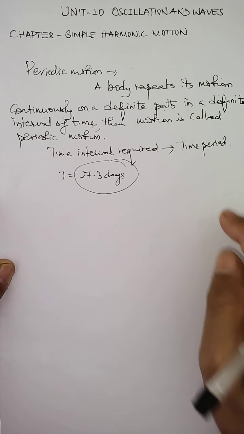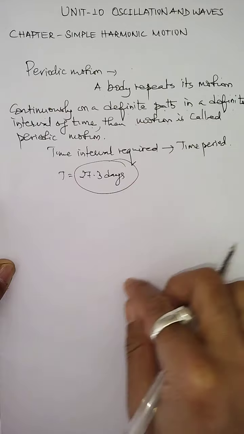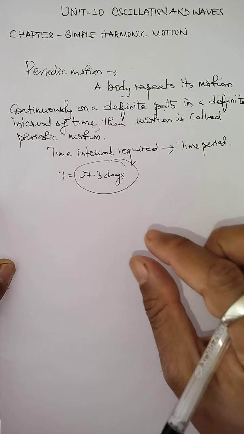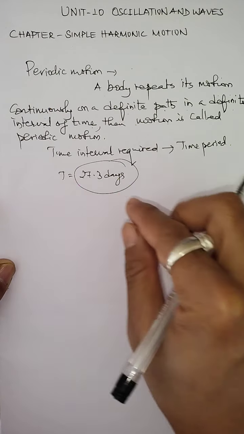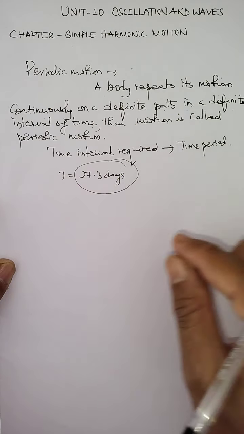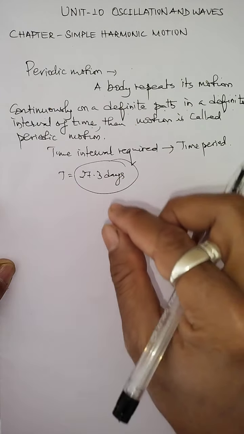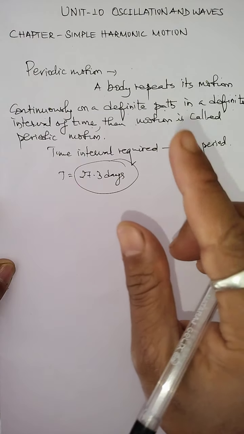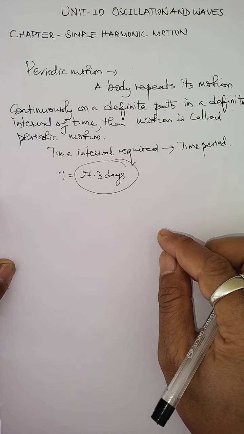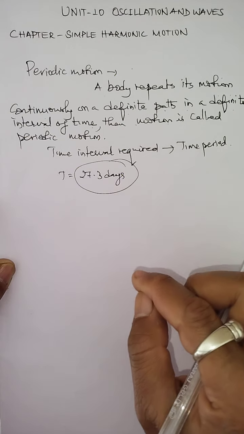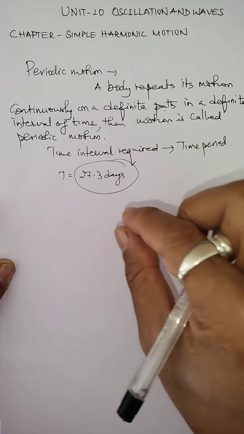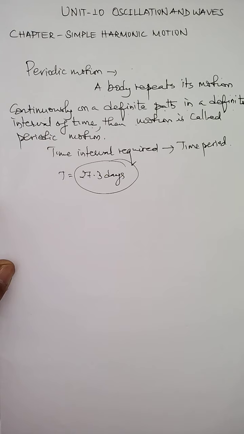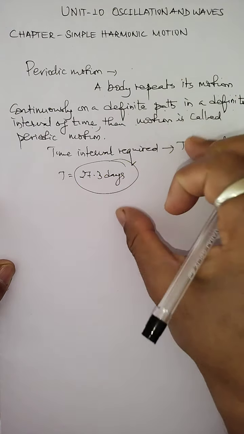When the hands of the clock revolve, the time required for one revolution is counted in seconds: in 1 minute there are 60 seconds, and in 1 hour there are 60 minutes. When the hands of the clock are in steady motion, this motion also acquires periodic motion. So these are common examples of periodic motion.